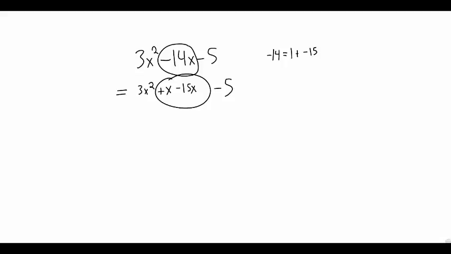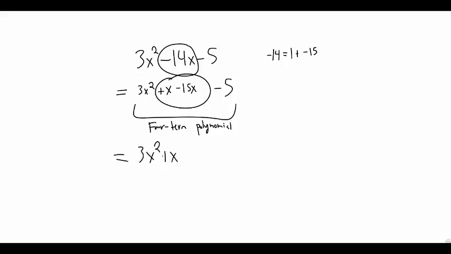Now we've taken our 3-term polynomial, our trinomial, and written it as a 4-term polynomial. And now we can group. We can literally group the terms together into two groups of 2 terms.